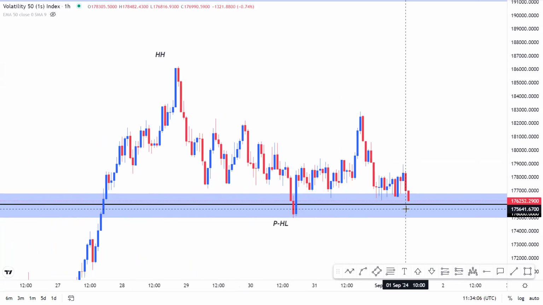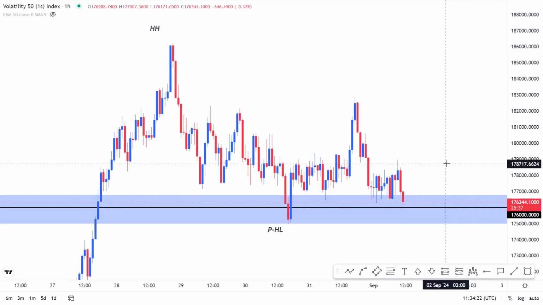Now, the next thing worthy of note is that, having said I always want my execution time frame and the dominant time frame in alignment, clearly from what we can see right about here, we have the 1 hourly time frame in a bearish market structure.